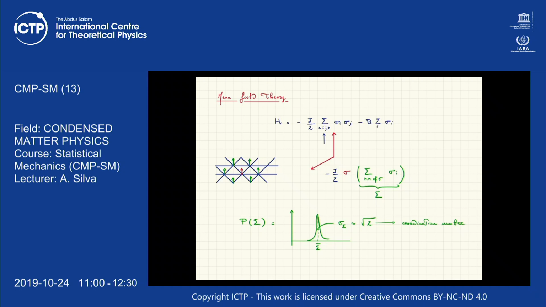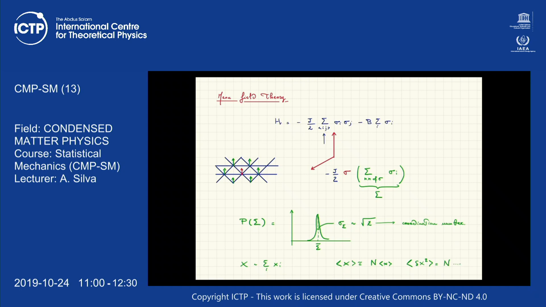Is it clear to everybody, this story? Well, we have seen that because of the central limit theorem, if you have x, which is the sum over independent variables, then the average of x is going to go like n times the average of little x, and the variance is going to go like n times something.